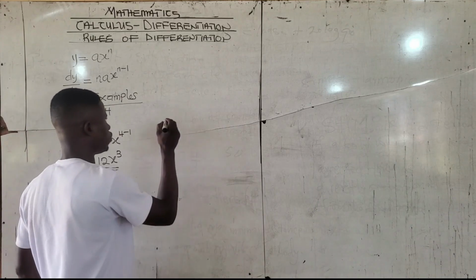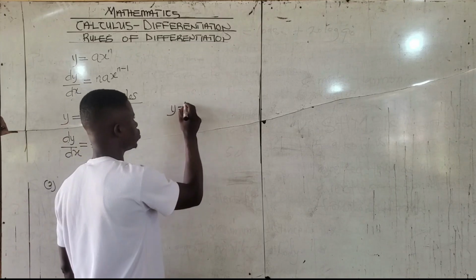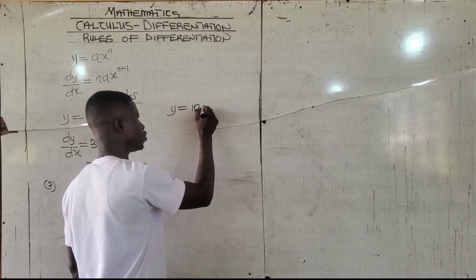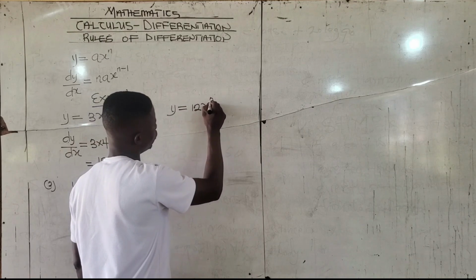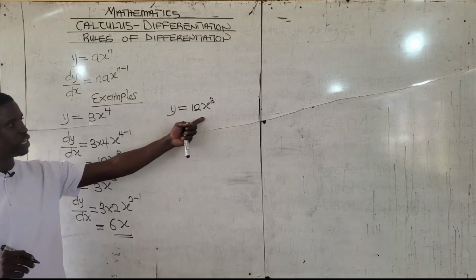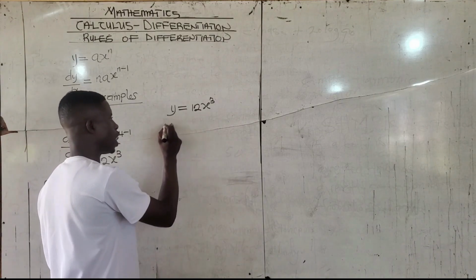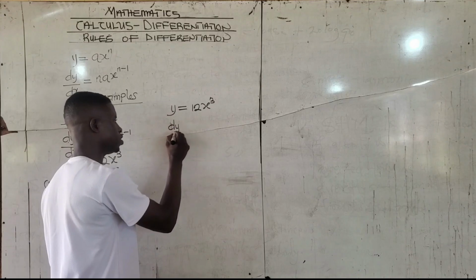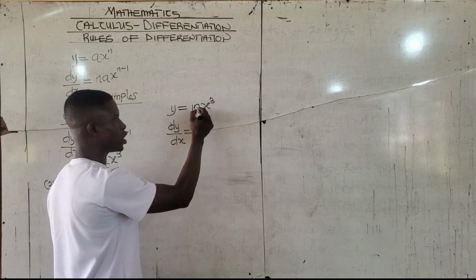If you have an expression of the form y equals 12x to the power 3, and you are asked to differentiate this expression, what are we going to do? We are going to have dy over dx equal to 3 multiplying 12.